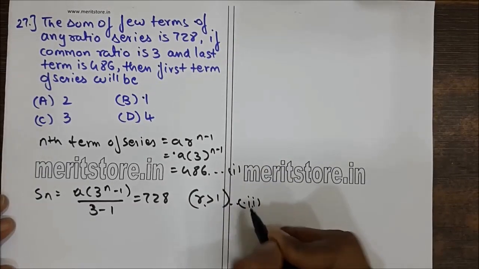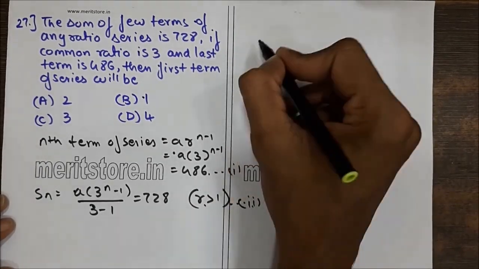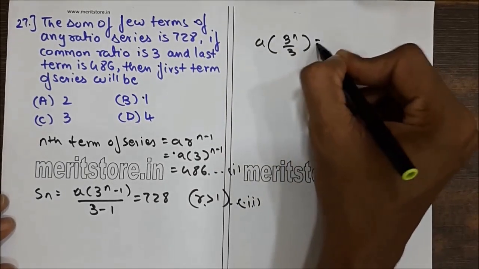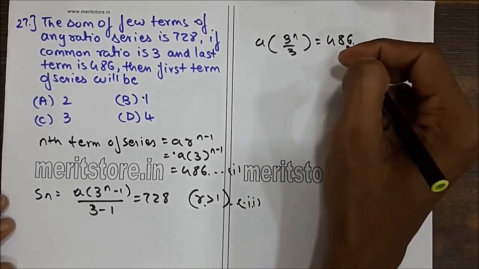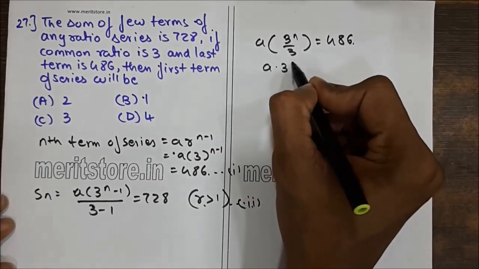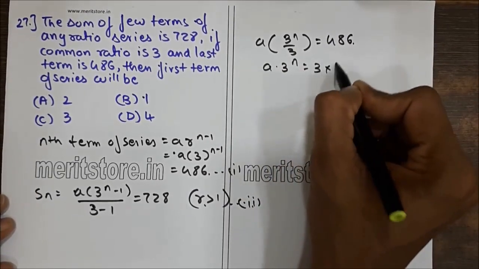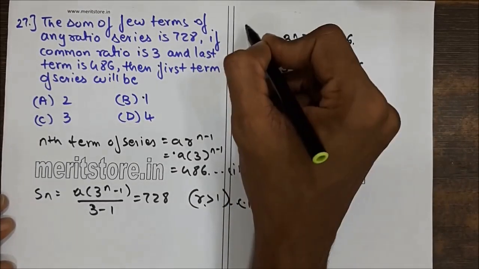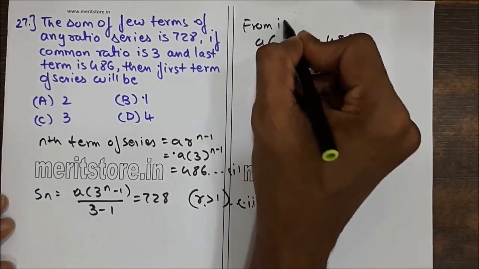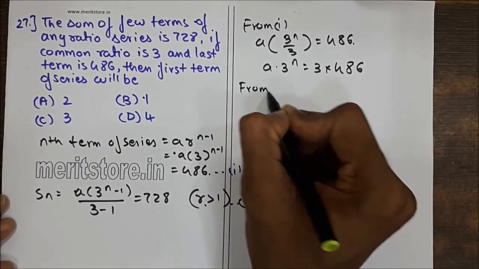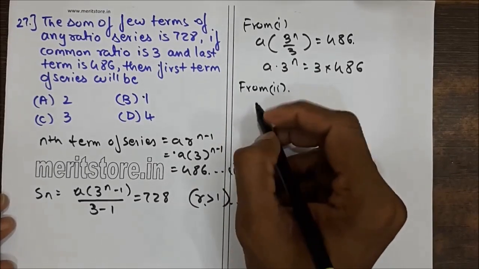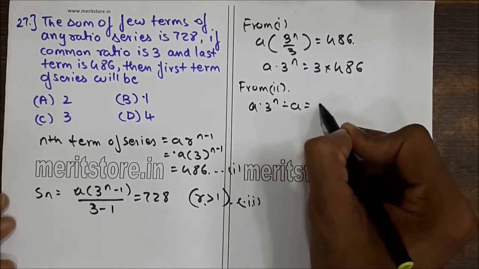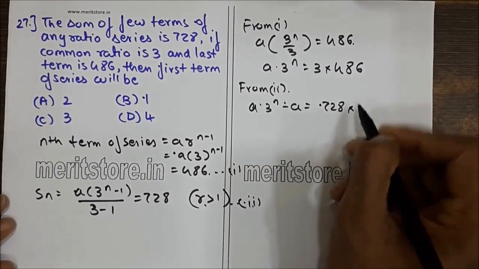So from 1 we can write a into 3 raised to n upon 3 equal to 486, which is a into 3 raised to n equals 3 into 486. So from 2 we have a into 3 raised to n minus a is equal to 728 into 2.